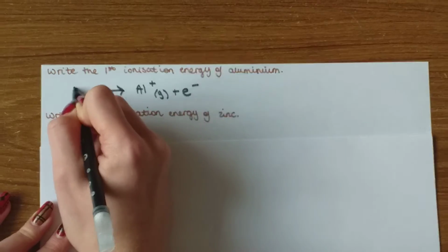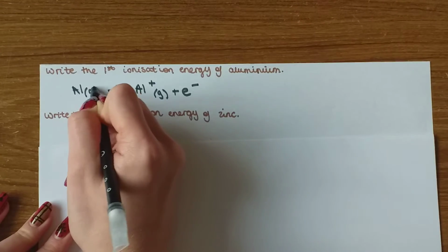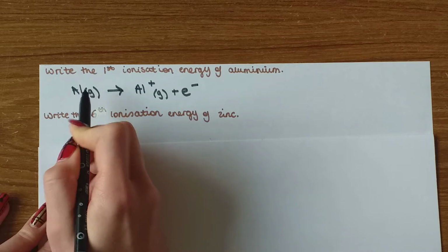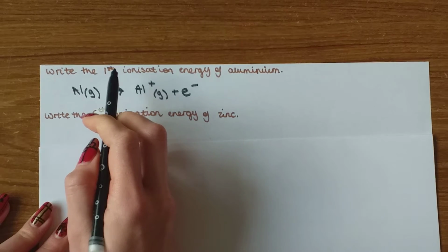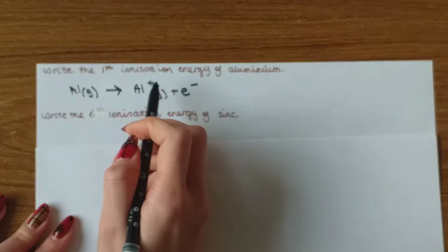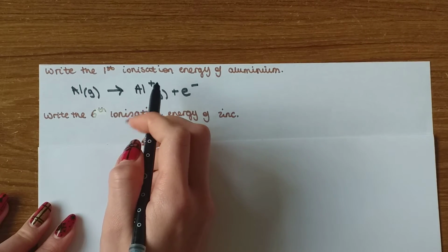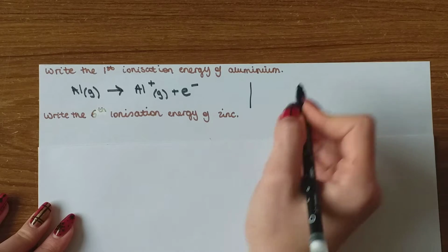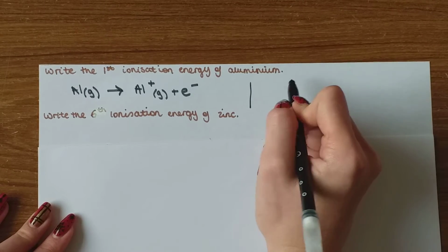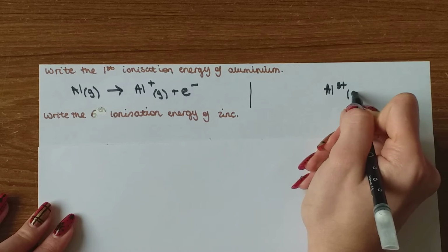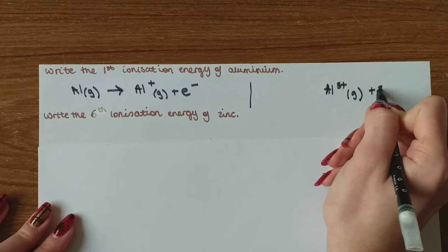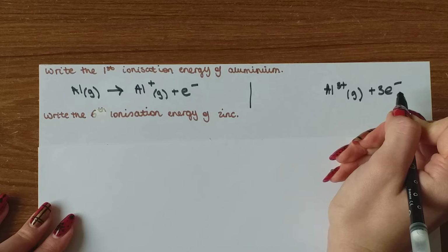And just to balance the equation, this means we have to have aluminium on this side. What you realize is that when the question asks you about the first ionization energy, you put 1 plus on the right hand side. If it would ask you about the third ionization energy, for example, you would write aluminium 3 plus, of course with gaseous state, plus 3 electrons minus.